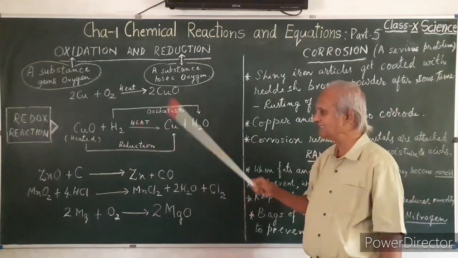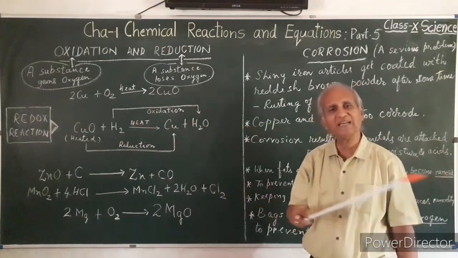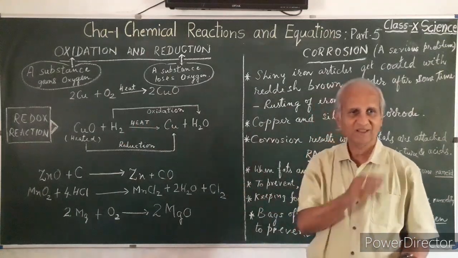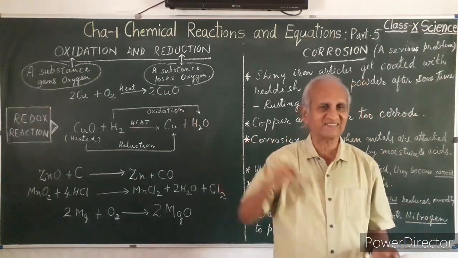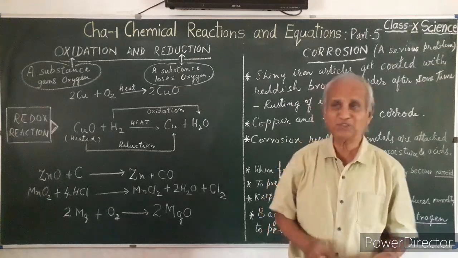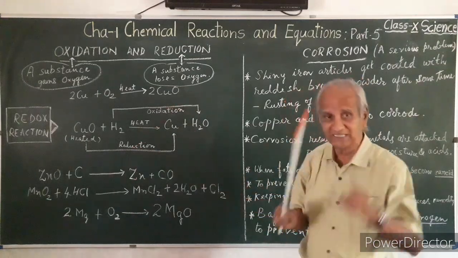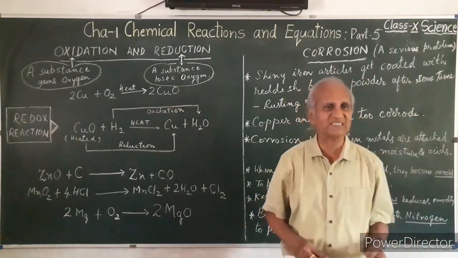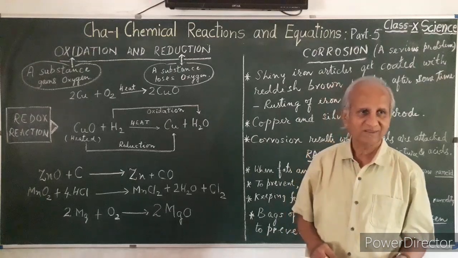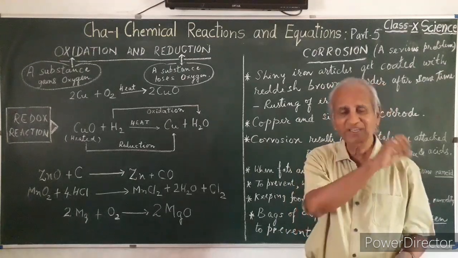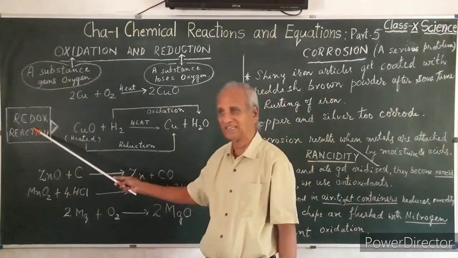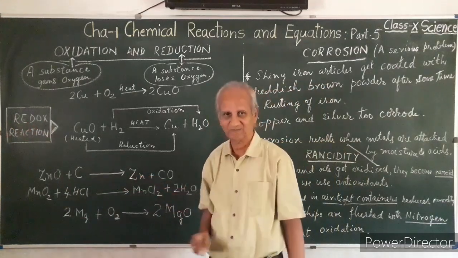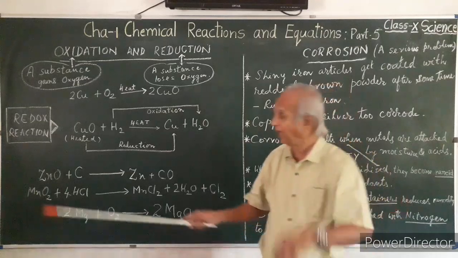Now, such reactions you can call oxidation-reduction reactions. Why do we call so? Because you see both oxidation and reduction in the same reaction. Or there is another abbreviated word. Say redox. We call it a redox reaction. Why redox?